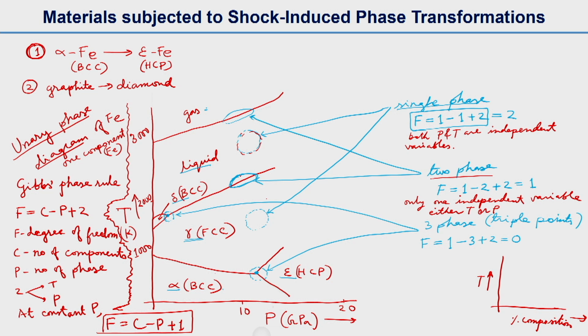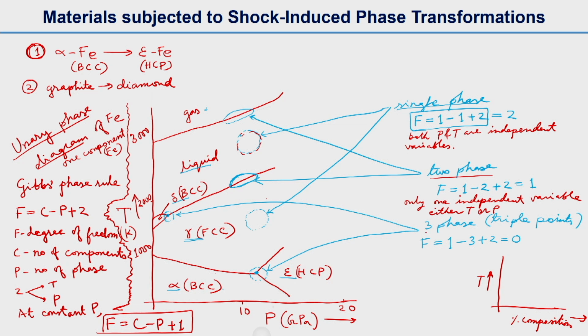If you fix the pressure, then you cannot vary the temperature, because temperature is fixed at those particular values of pressure. Similarly the other way also. On these lines we can vary only one variable, the other variable is automatically fixed.